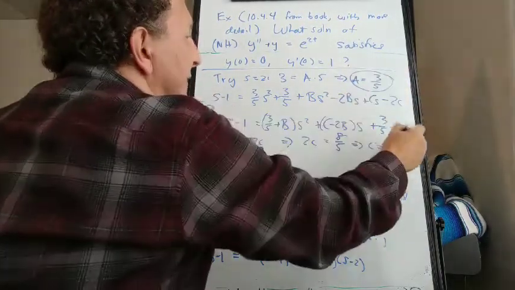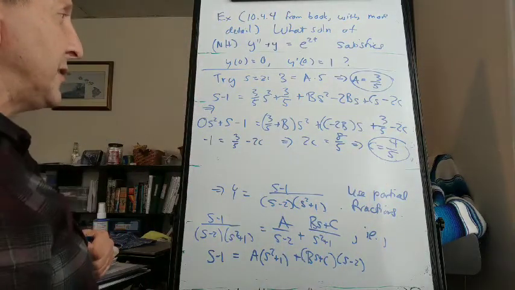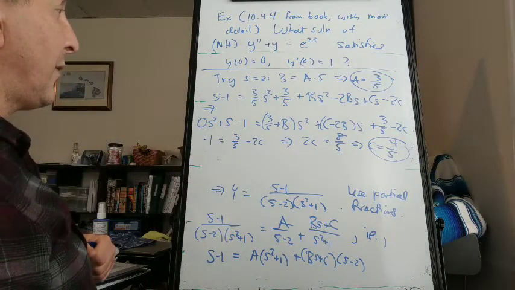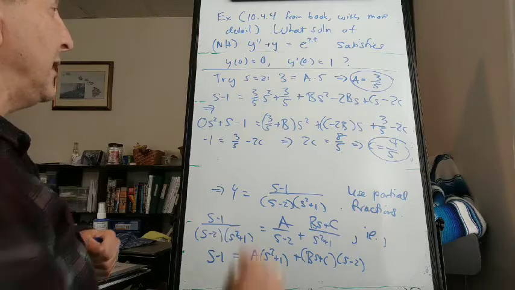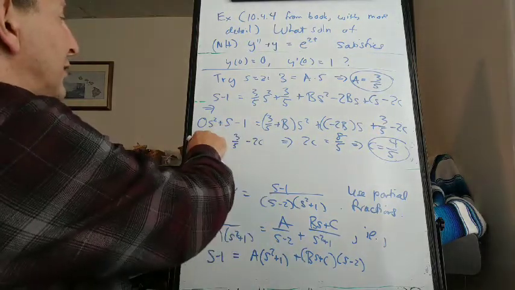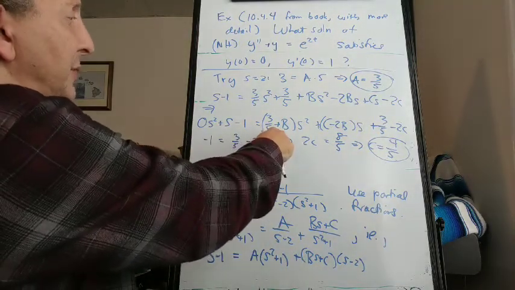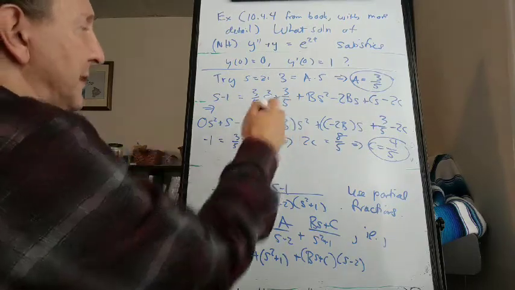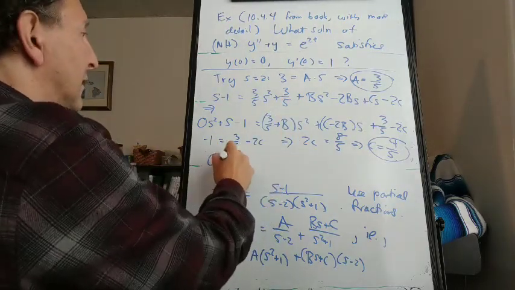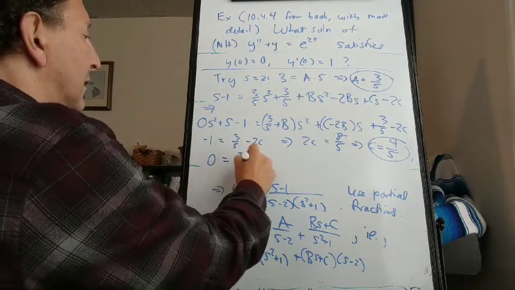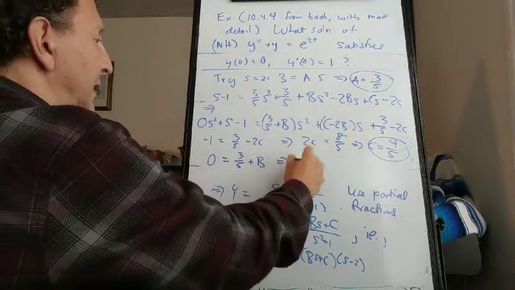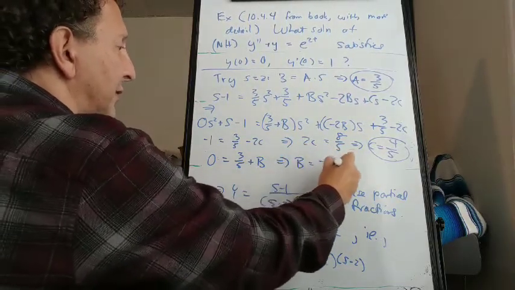So we know a and c now. Now we just need b. B is pretty easy because we have 0 s squared on the right, which means that 3/5 plus b has to be equal to 0, which means that b has to be negative 3/5.